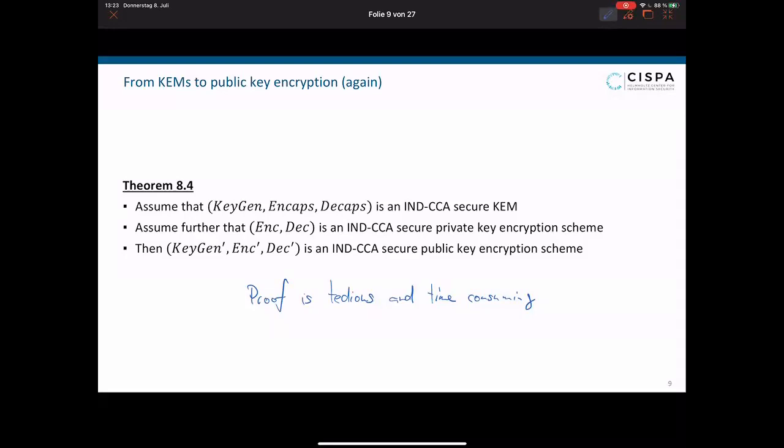When we use the security of the KEM, we get a decryption oracle, and for the IND-CCA secure private key encryption, there we also get a decryption oracle. So, believe me, things come together.